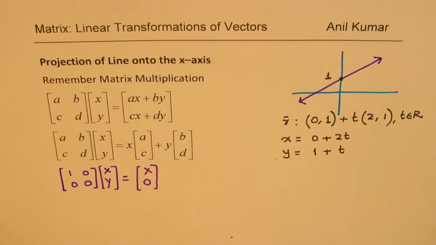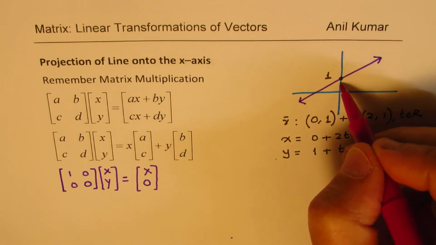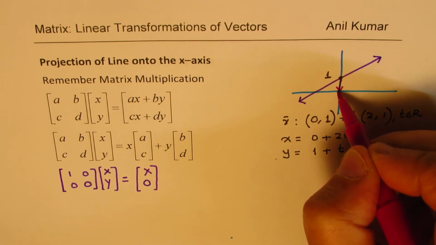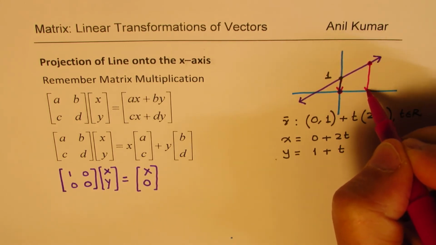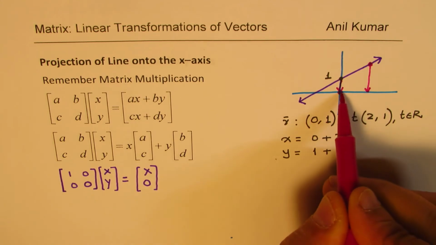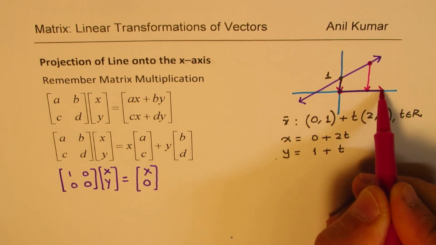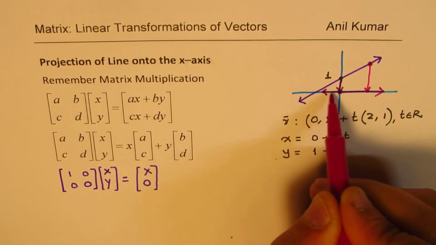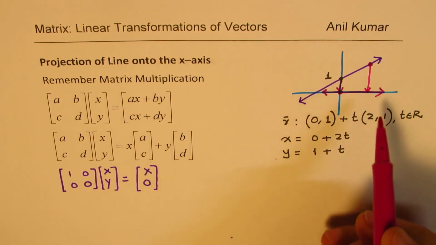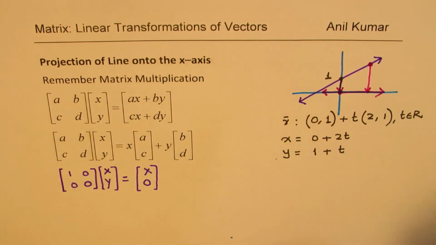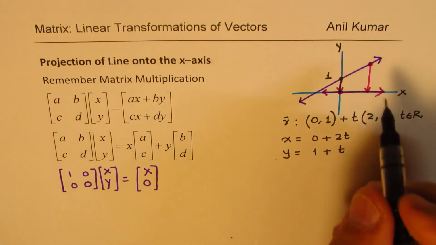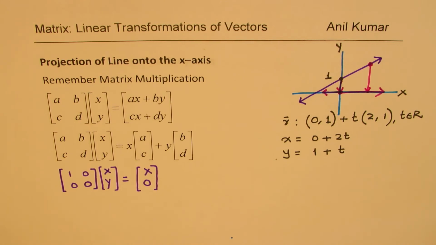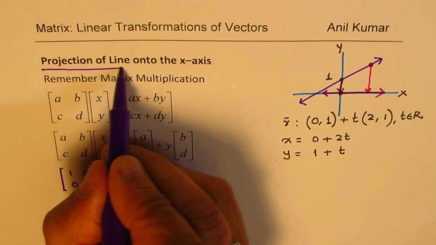That means if you are looking at these points and their projections, then this point will be projected right there at the origin, and any other point here will be projected on the x-axis. So that gives you a line joining these 2 points. Does it make sense? So that is your scalar projection on the x-axis. You get the idea.